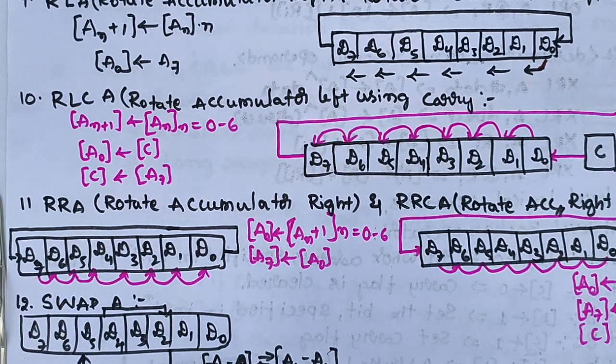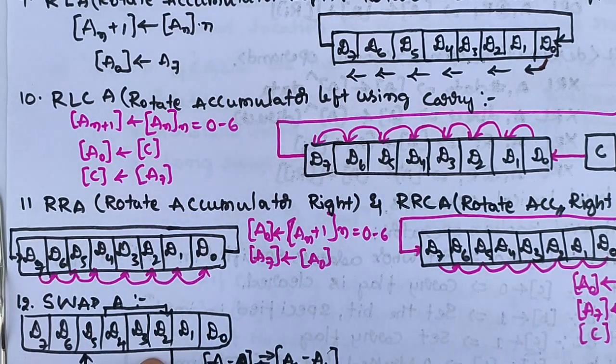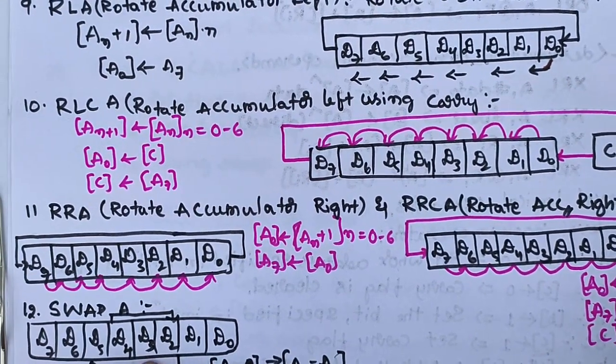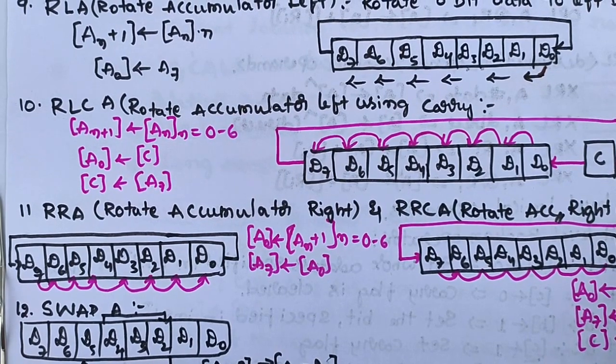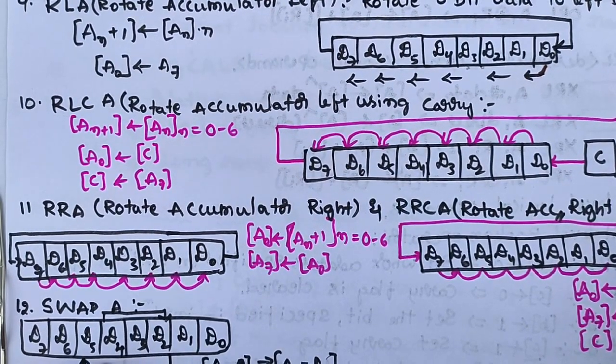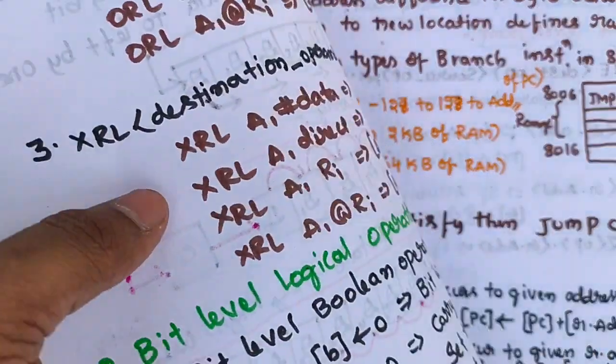That means A0 to A3 will be transferred to A4 to A7. So this is about the logical instructions and Boolean operator instruction sets in 8051.